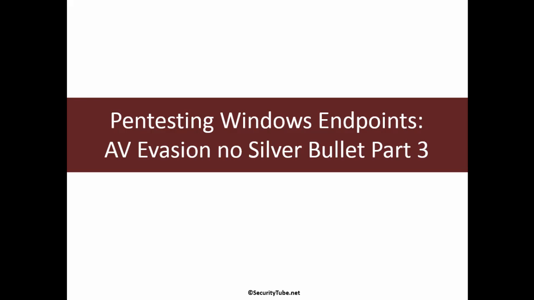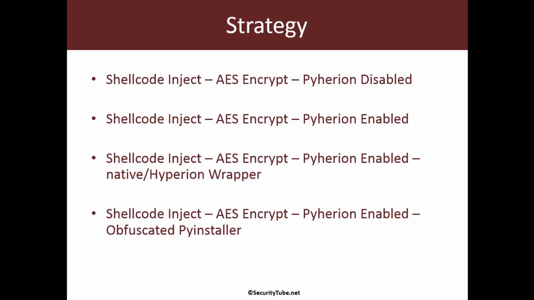Now this is part 3 of AV evasion is no silver bullet. In the last video we saw very interesting characteristics of AVs: depending on what the AV can detect, just adding or subtracting a layer of encryption, or even compression and encoding, could make a ton of difference.